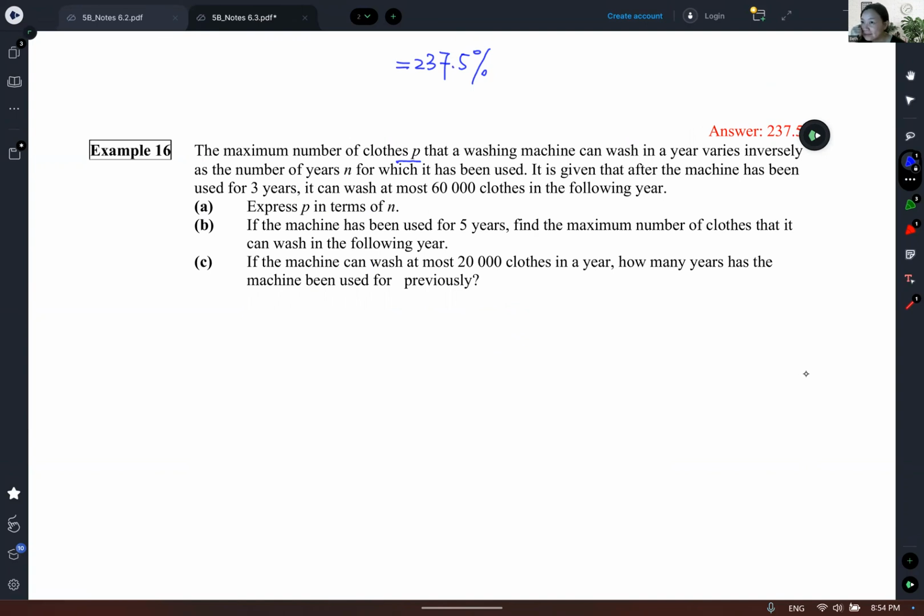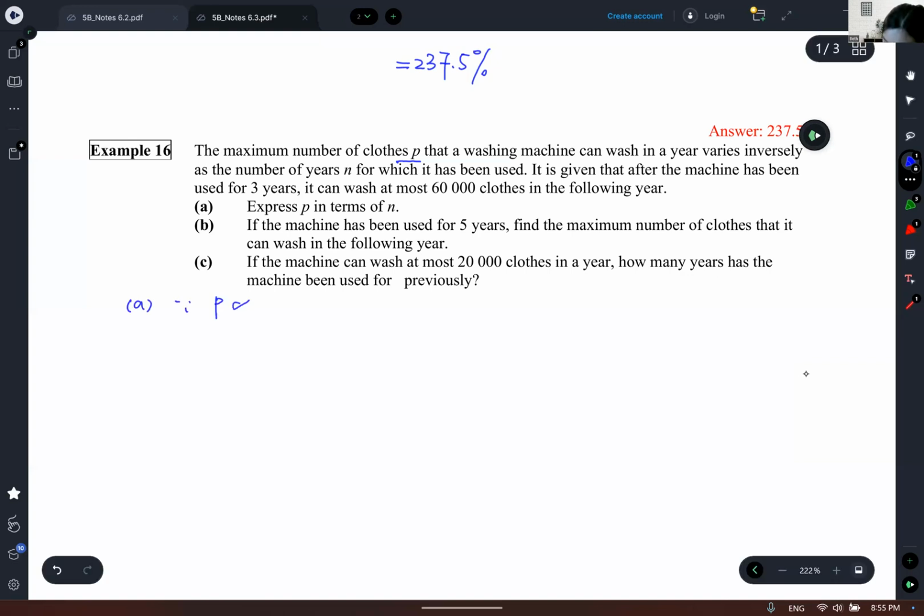The number of clothes P varies inversely as the number of years for which it's being used. It is given that after the machine has been used for 3 years, it can wash at most 60,000 clothes in the following year. So express P in terms of N. A.